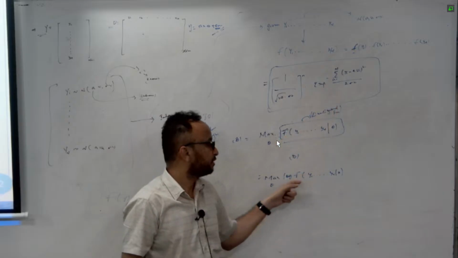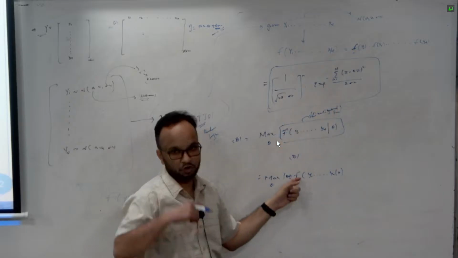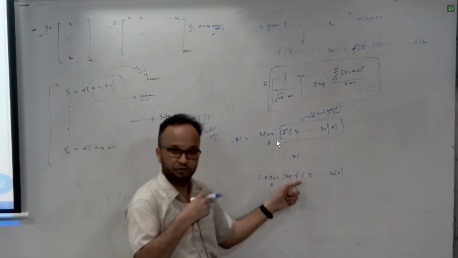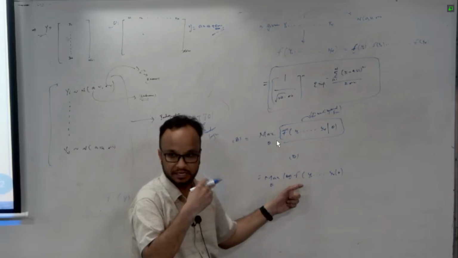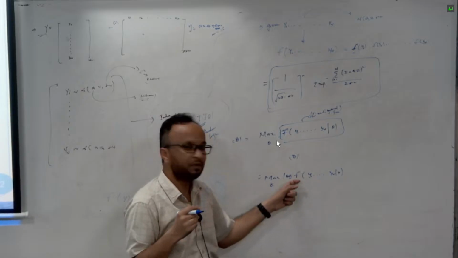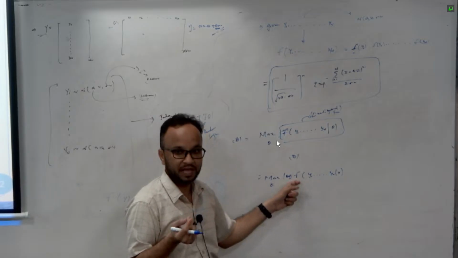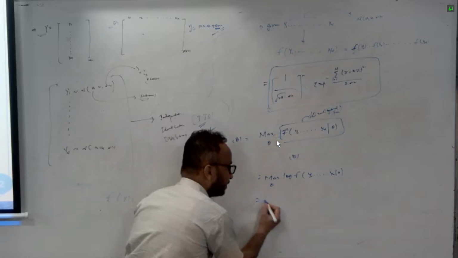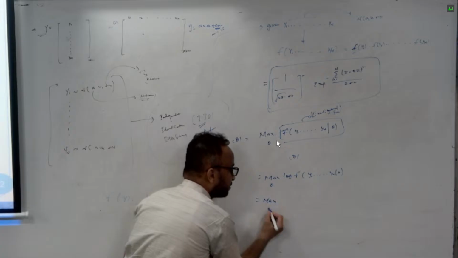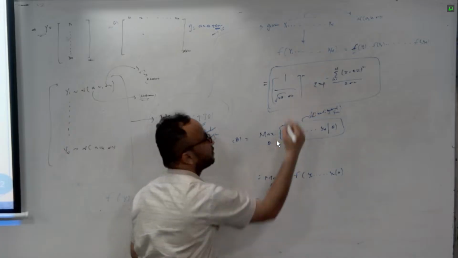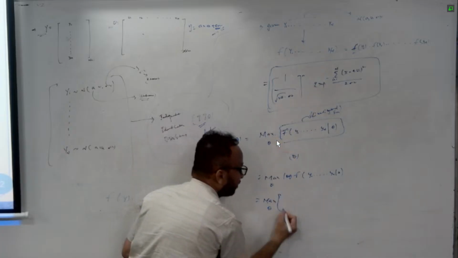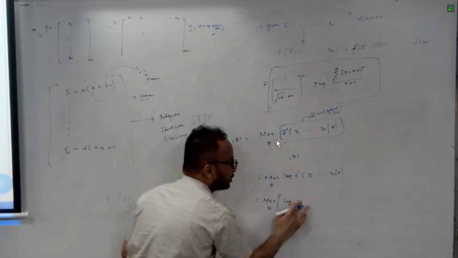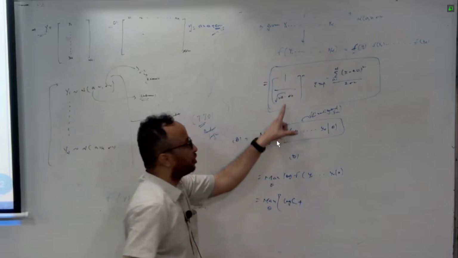If I use the logarithm of it, log is a monotonically increasing function, so you don't get a different value, you get the same optimum, but the problem will be much simplified. If I go ahead with the maximum over theta of the log of this, you will get log A, log of constants.